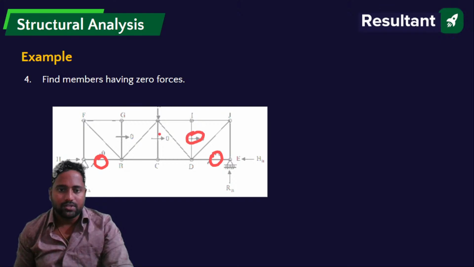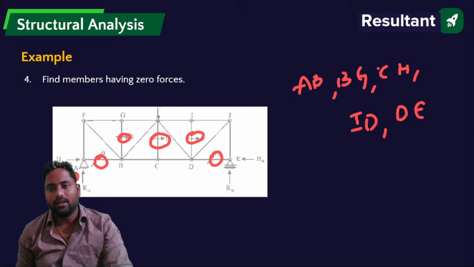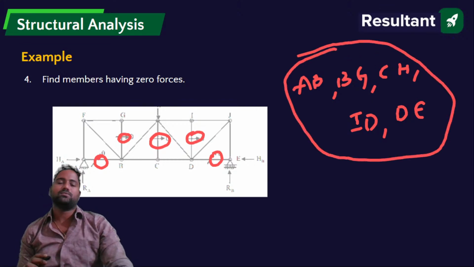force in ID, force in CH, force in BG. So AB, BG, CH, ID, DE: the forces in these 5 members are equal to 0.